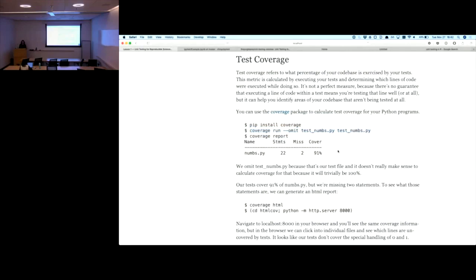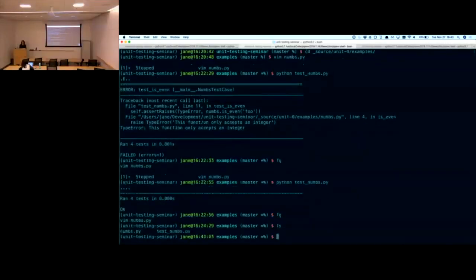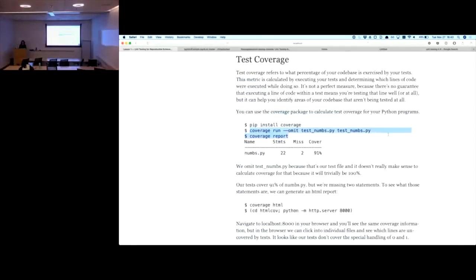And so I can get a report that tells me, okay, 91% of my nums module is being covered by the tests that I have. And I can say, okay, I'm missing 2 statements, and I want to see what those are. So I'm going to go over here, and I'm going to run coverage.